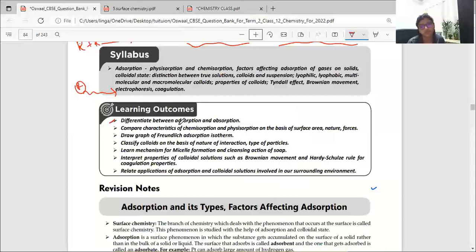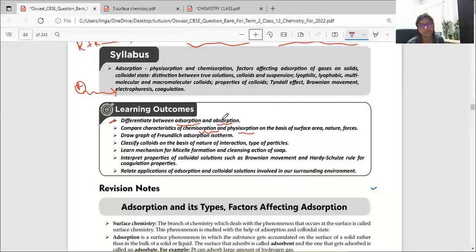One more few points: adsorption and absorption we will discuss, and compare the characteristics of chemisorption and physisorption. These are important questions. We have to learn these headings before completing this chapter.